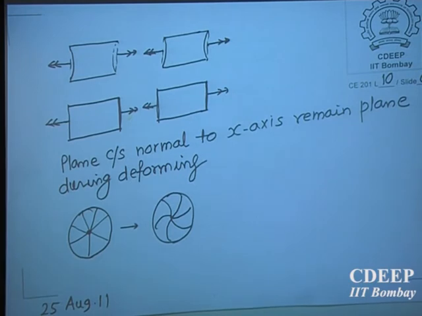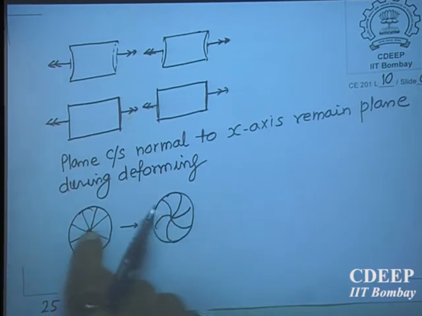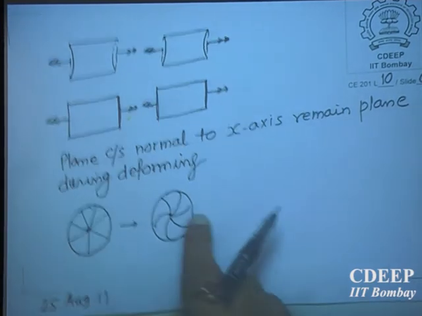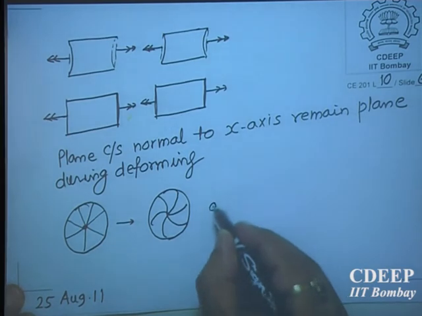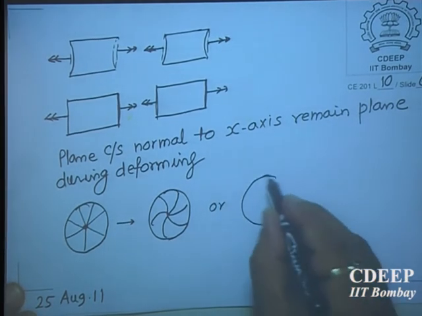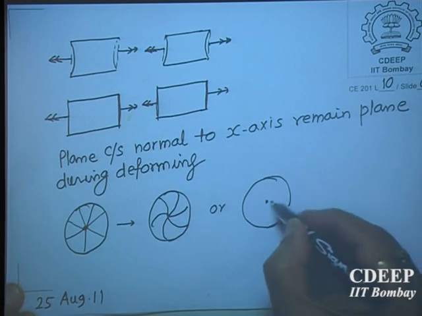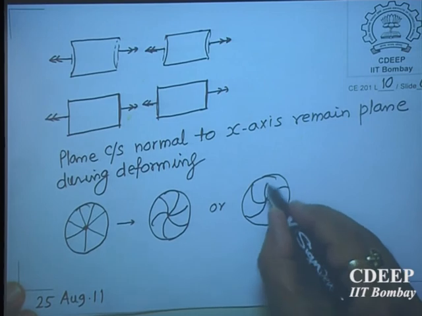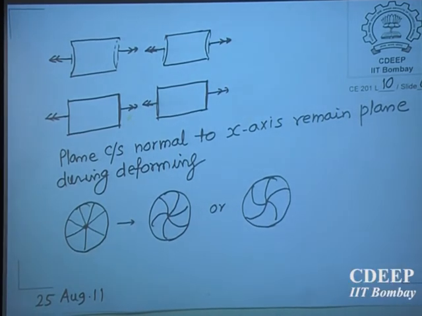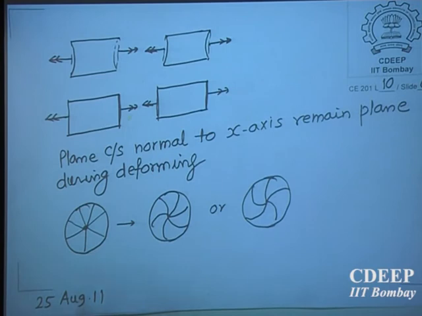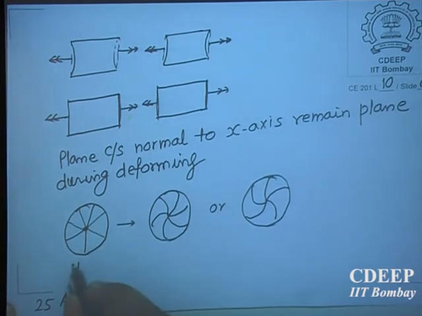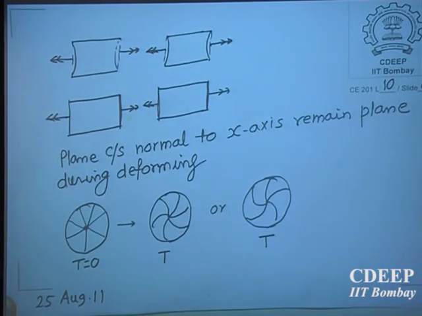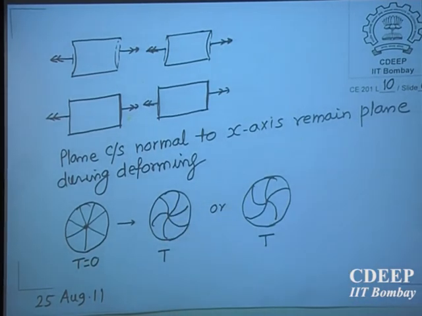If it gets deformed, the line does not remain a straight line, so it will become like this, or it can also become the other way, like this. So, this is without torque, t equal to 0. This is with t and this is again t. You can have this or this, lines are getting deformed.